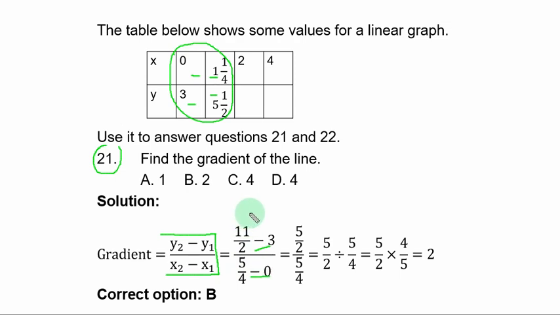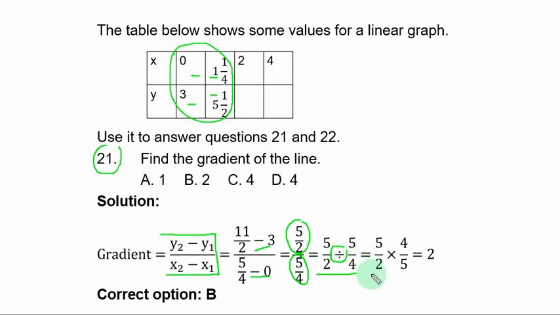If you subtract the numerator, you have 5 over 2 over 5 over 4. So let's divide the two terms in this form. Anytime you are dividing fractions, you change the division sign to multiplication, and the fraction at the right side is inverted.